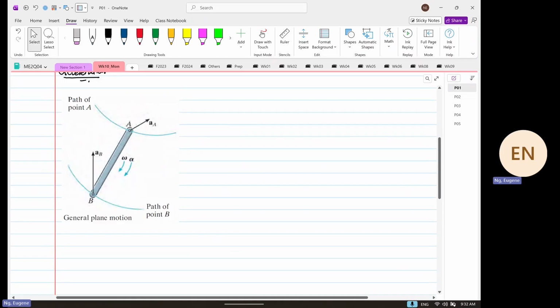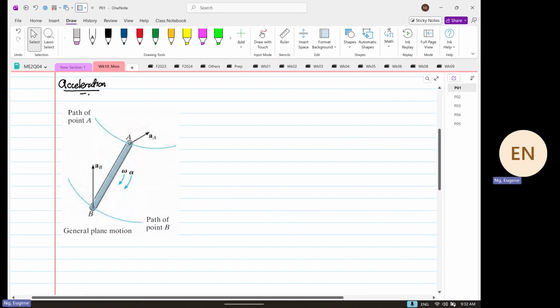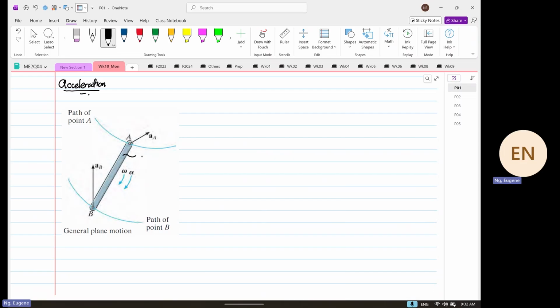So you have 2 points on a rigid body, and the rigid body is under general motion.